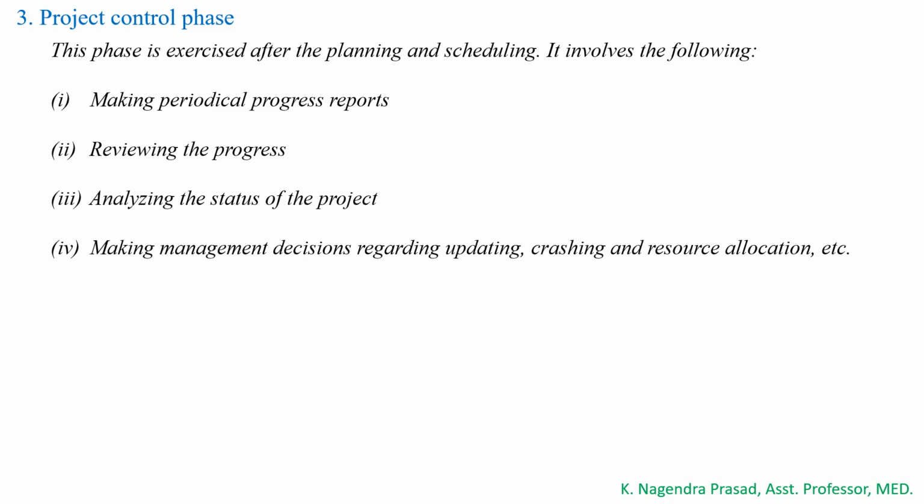Then I have to review the progress, analyze the status of the project, and make management decisions regarding updating, crashing, or resource allocations. So you have to give the report to the management process, which may take the decisions. So this is the control phase.